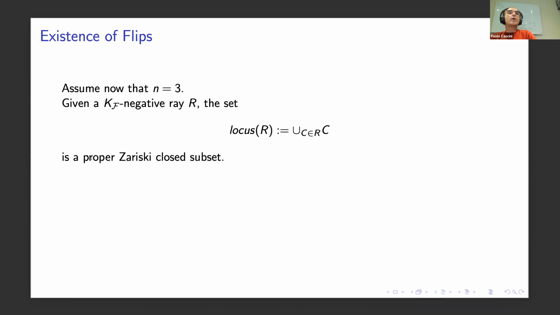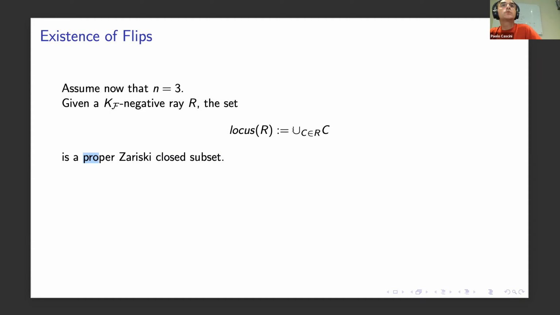One thing that we already know is that this is a proper closed subset. Why is it proper? It's not trivial, I mean, modulo what we already know, but it does not follow just by definition. Why? Because it's not empty, and this follows from bend and break. The fact that K_F is negative on R implies that there exists a curve on which it is negative, and so it's not empty.